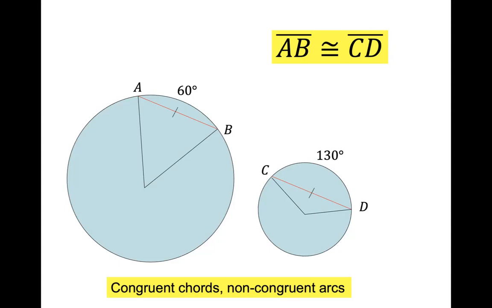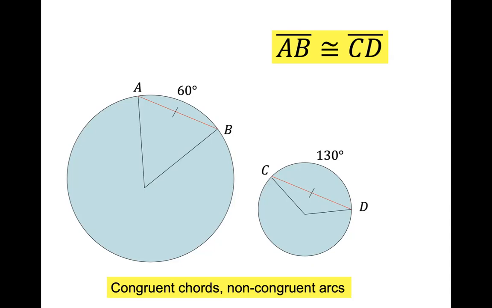I put a tick mark there, right? But if the circle is smaller, the arc measurement ends up being not congruent. The only time the arc measure will be the same is if the two radii are the same. So even though you can have congruent chords of two different circles, it doesn't mean that the arcs are congruent. It only means that in the case of congruent circles.